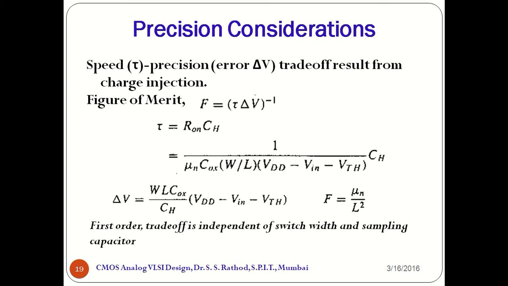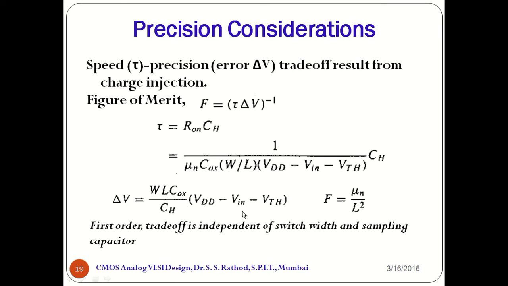Hence, what we do is we define the figure of merit for this switch as F equal to 1 upon tau delta V. So tau is nothing but Ron CH. Ron is 1 by mu n C0X W by L (VDD minus Vin minus VTH), and delta V we also know is WLC0X by CH (VDD minus Vin minus VTH). We already calculated this.